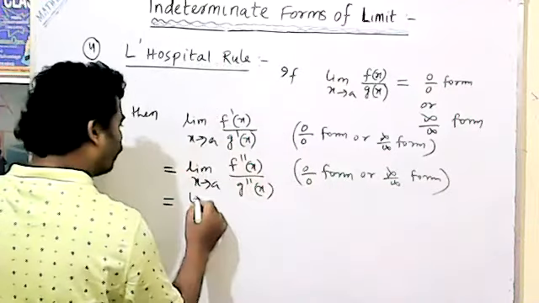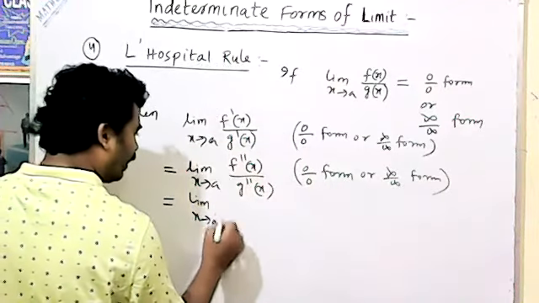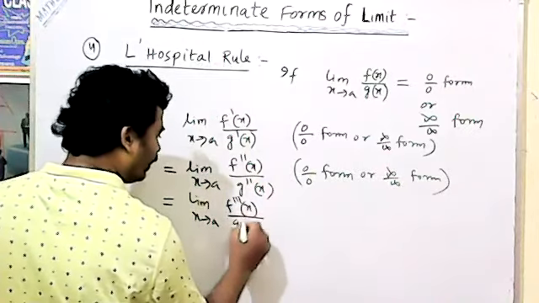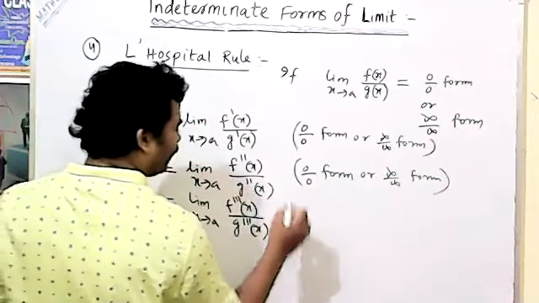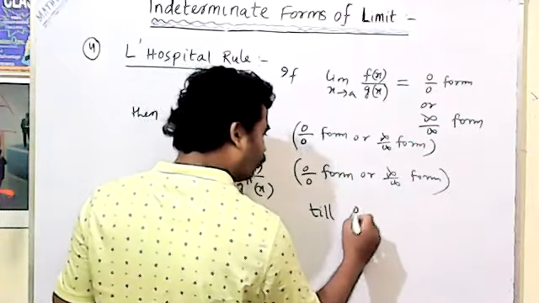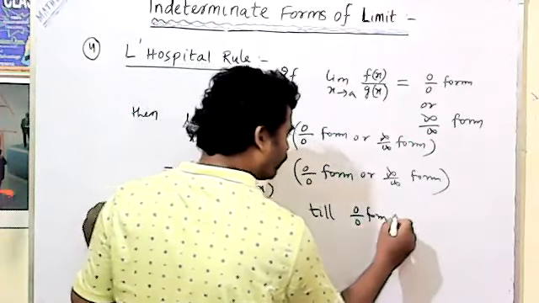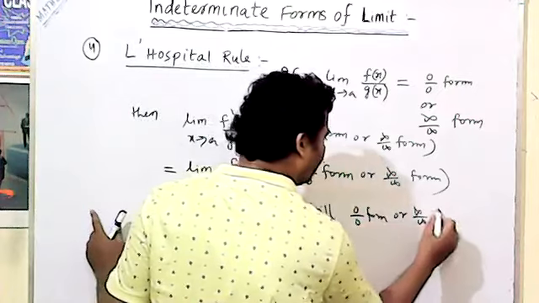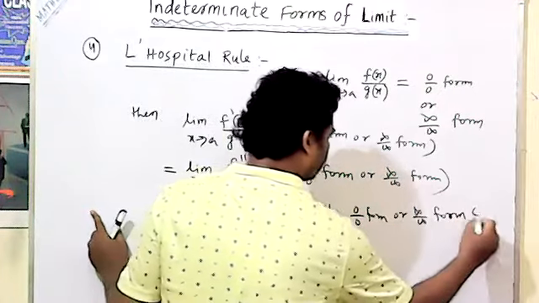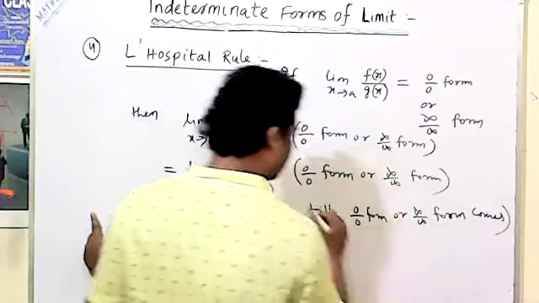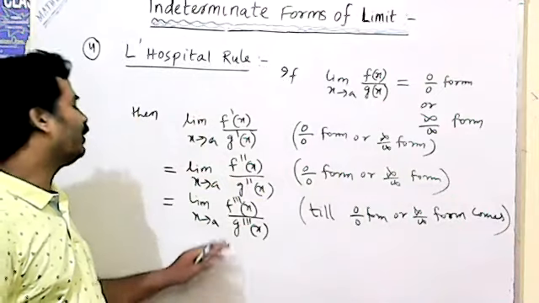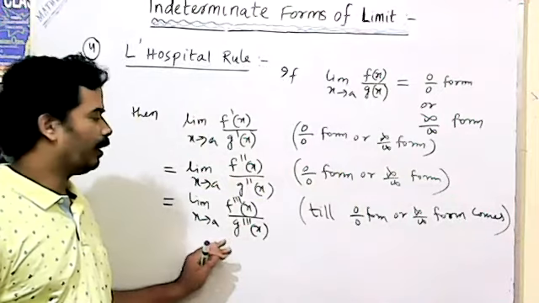Same method you can follow: limit x tends to a of f double dash x or triple dash x divided by g triple dash of x, till a 0 by 0 form or infinity by infinity form comes. If these forms come, then you proceed with the same method.